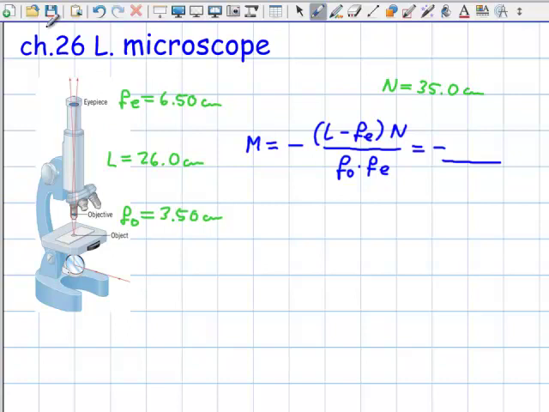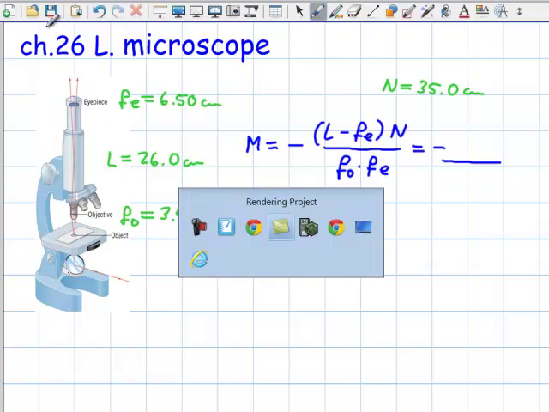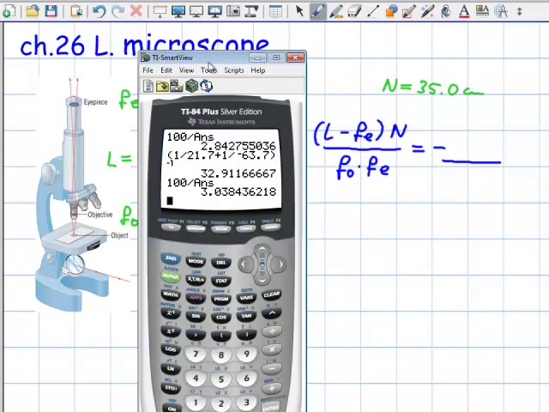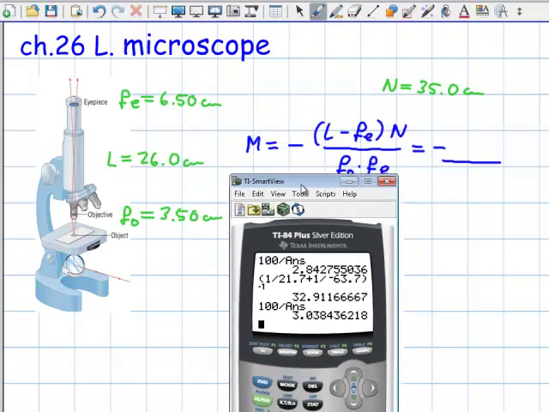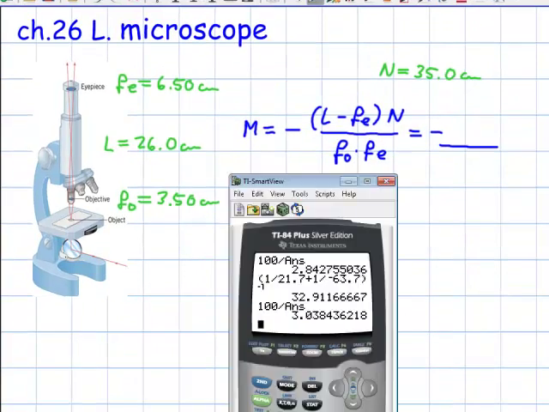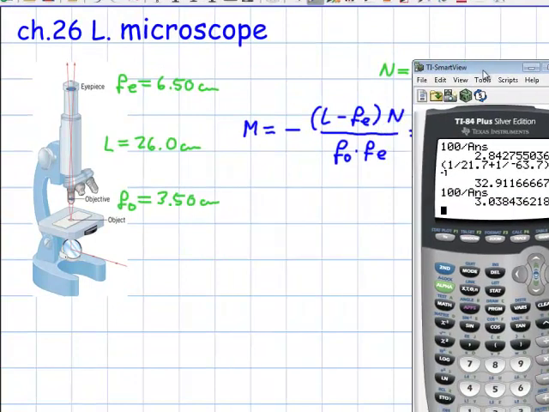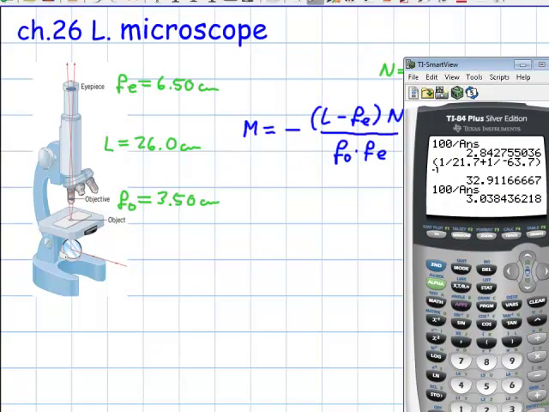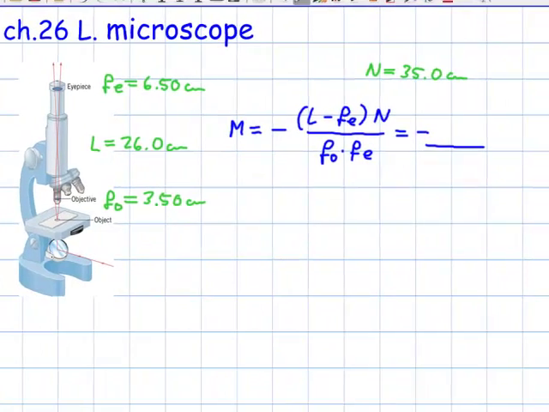Plugging in numbers. There we go. Trying to squeeze this in here.